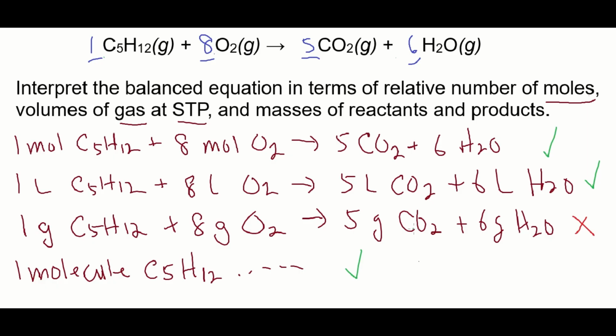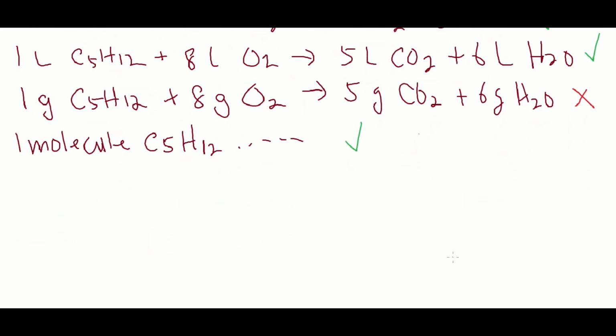And now let's answer the last part. Masses of reactants and products. So one reason we balance equations is to obey the law of conservation of mass, which boils down to the number of atoms. The simplest form of matter that retains its identity is the atom. So the number of carbon atoms on the reactant side has to equal the number of carbon atoms on the product side.